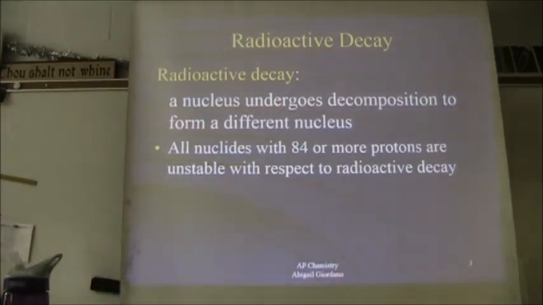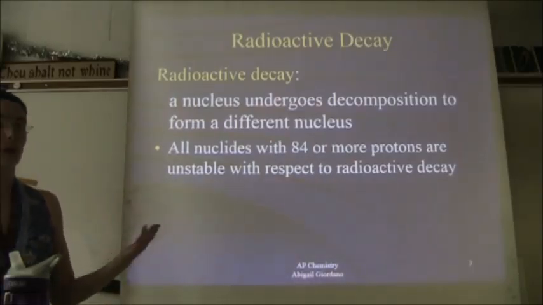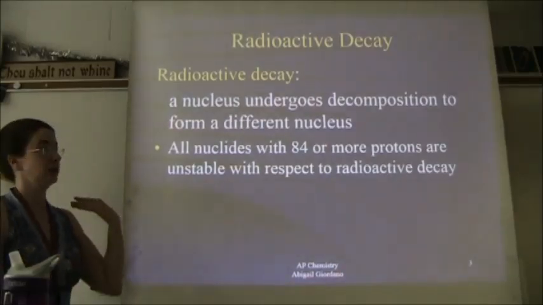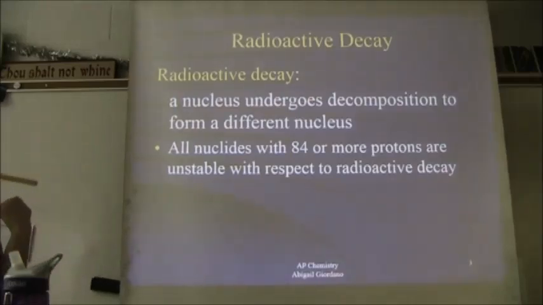So on your periodic table, any element above 84 is naturally radioactive. If you were to dig around in the dirt and find the element uranium, for example, that's one we'll see a lot, it would automatically be naturally radioactive, very unsafe to be around.